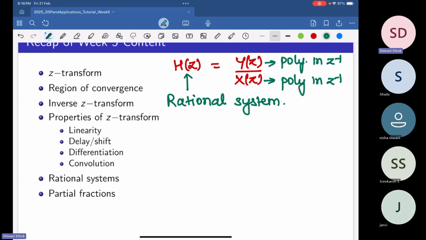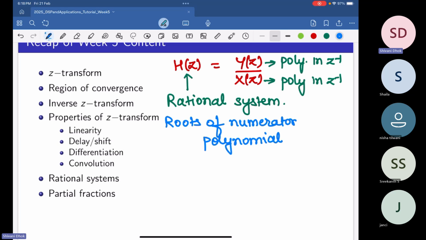Two important things about this rational system: the roots of the numerator polynomial are known as zeros.